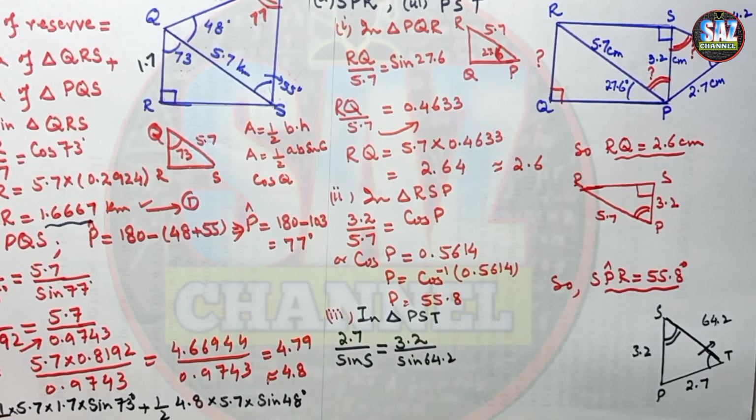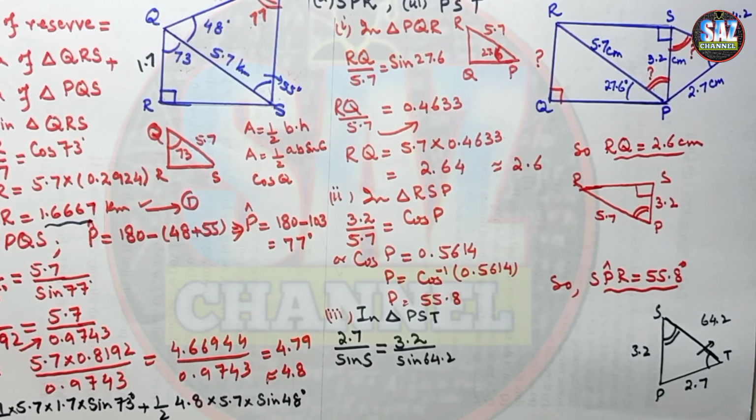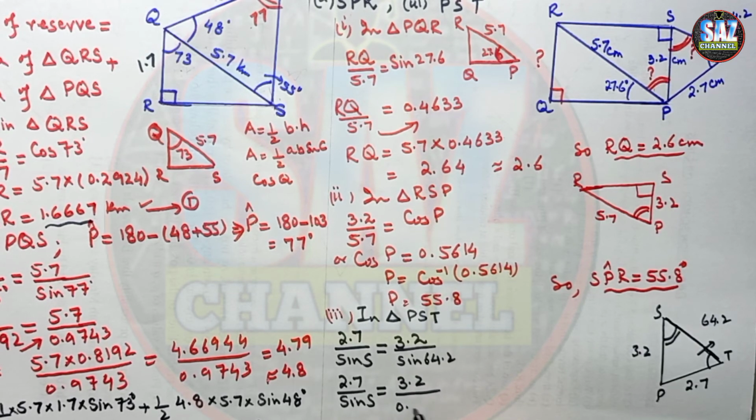Now hold the calculator and get the value of sine 64.2, and this gives me 0.9003. Okay, 2.7 upon sine S equals 3.2 upon 0.9003.